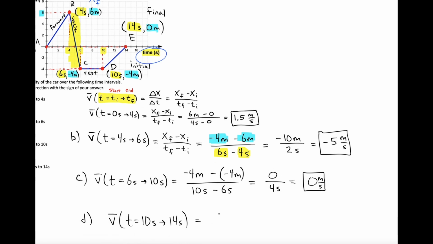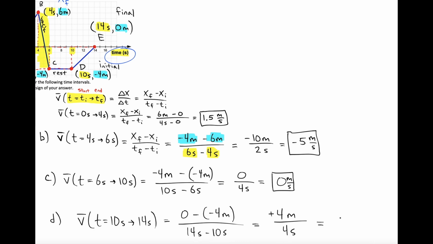We always have to do final minus initial in this formula, so we're going to do 0 minus -4 over 14 minus 10. This shows that our car actually moved forward 4 meters, and it took 4 seconds. So this is a positive 1 meter per second velocity.